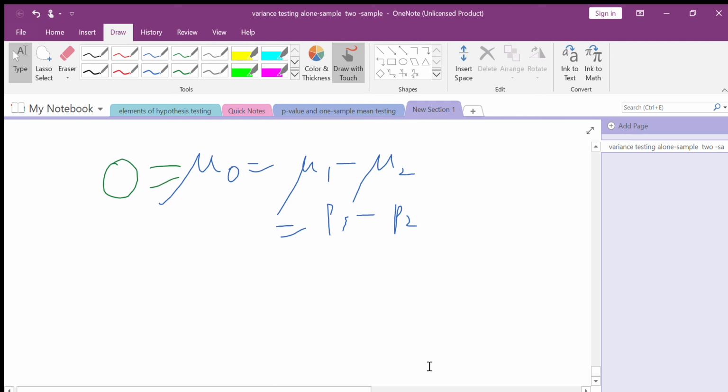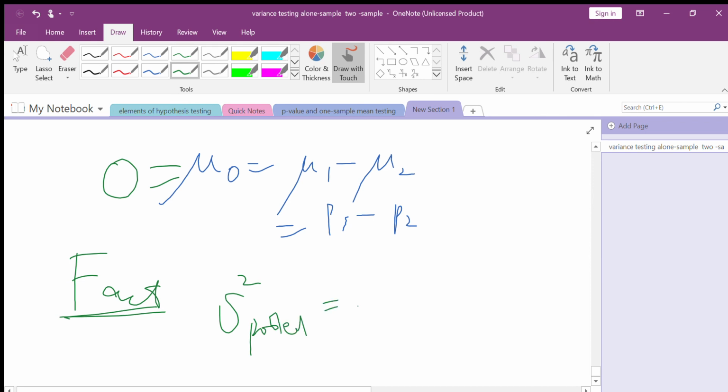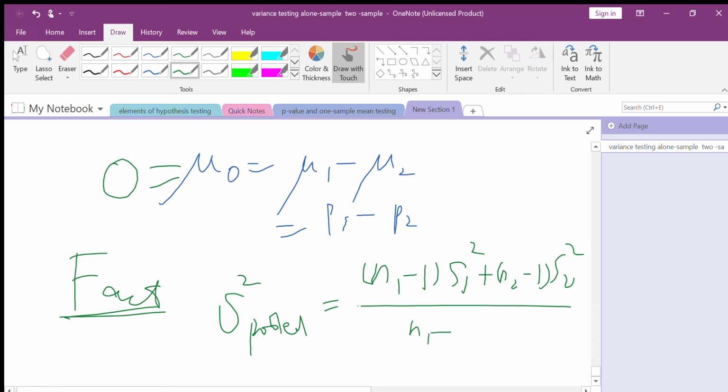And remember as a fact that S pooled squared is defined as n1 minus 1 times S1 squared plus n2 minus 1 times S2 squared, divided by n1 plus n2 minus 2.